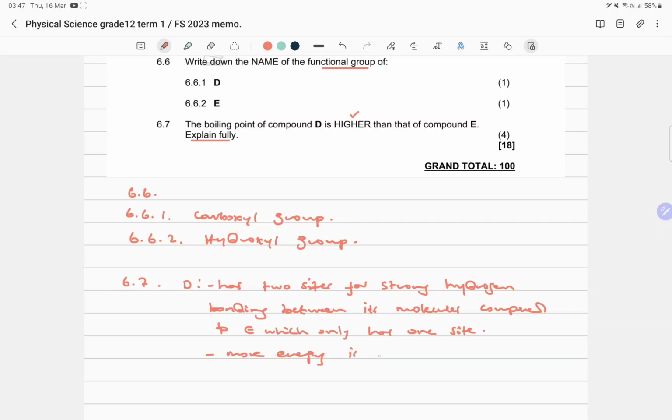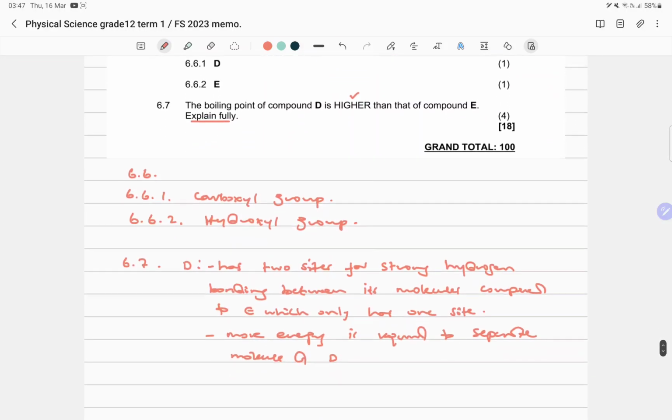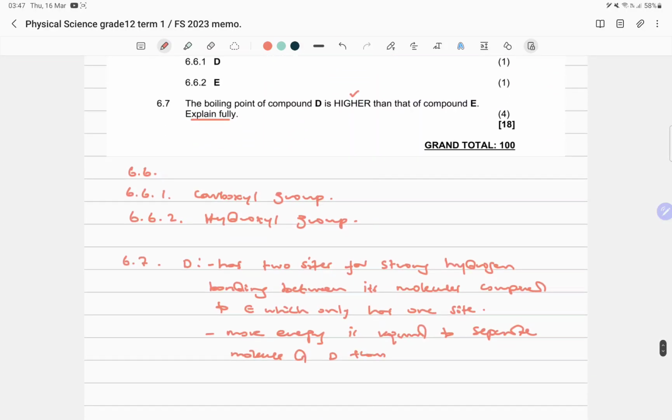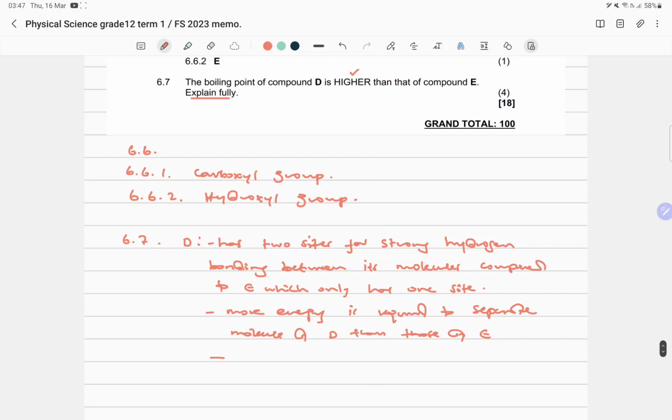So we can say therefore more energy is required to separate molecules of D than those of E. And what is the other story now?